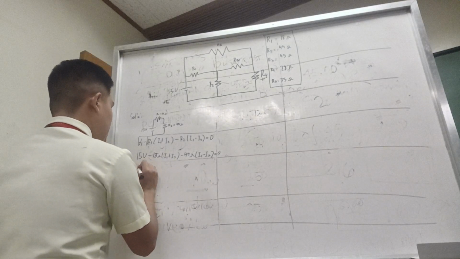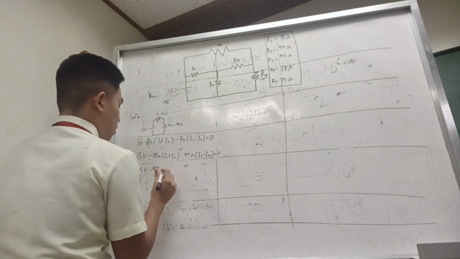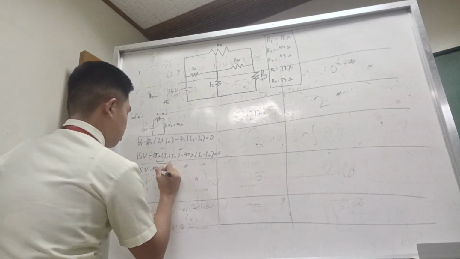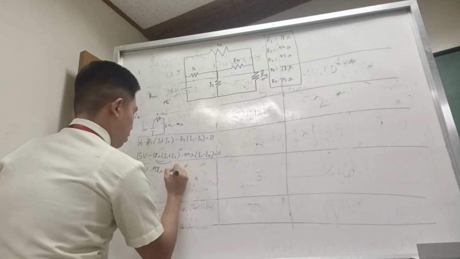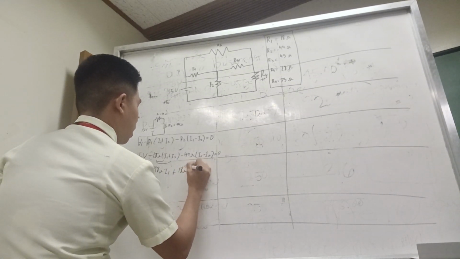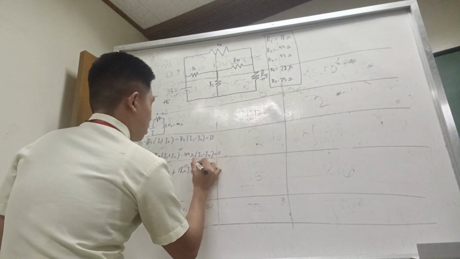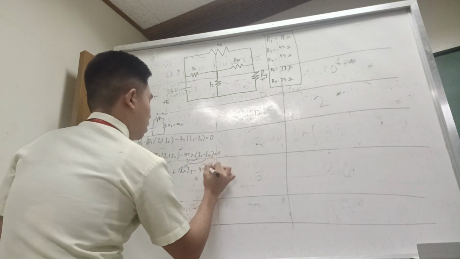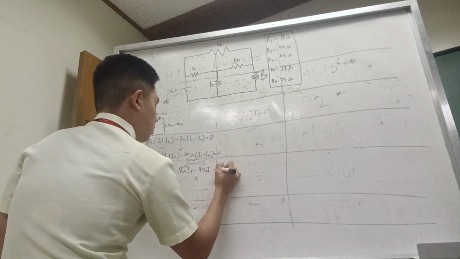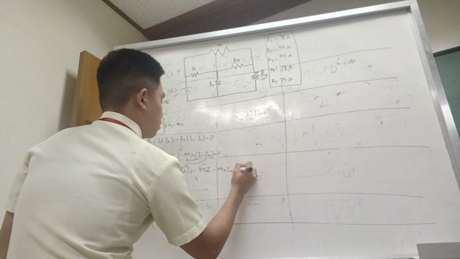Excuse me. 15 minus 18 I1, plus 18 ohms I3, minus 49 I1, minus 49 ohms I2 is equal to 0.